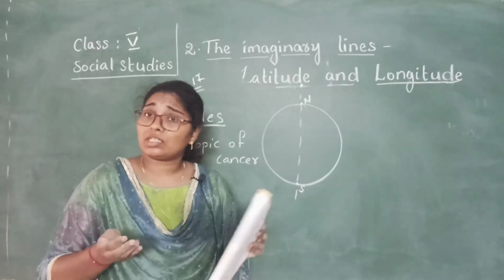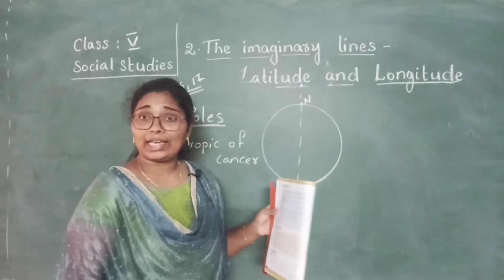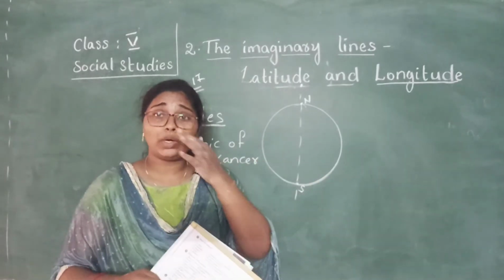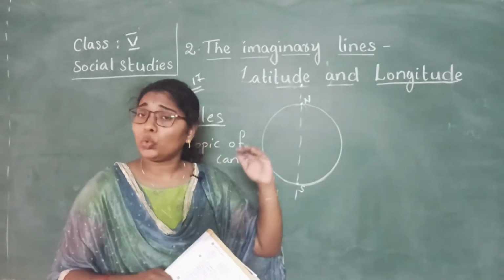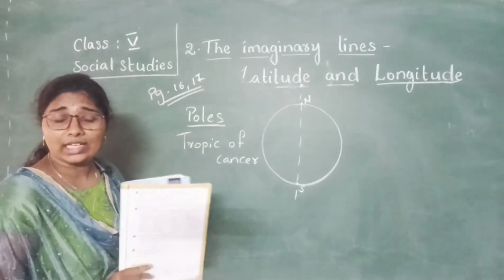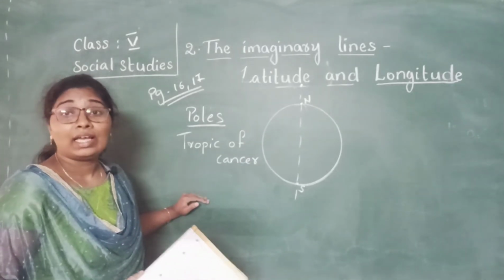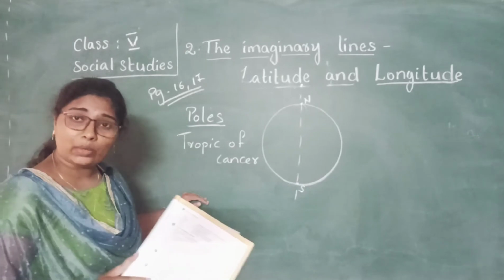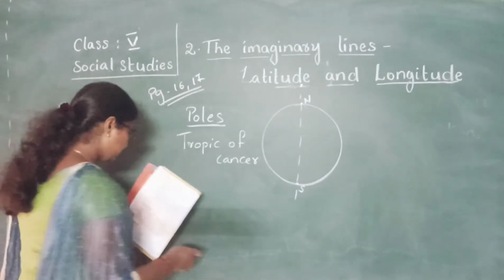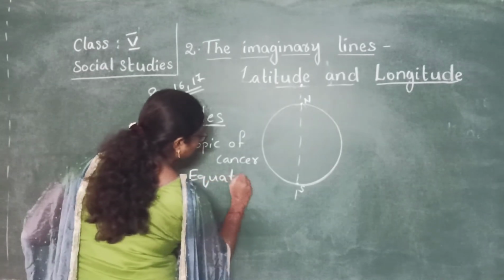We have discussed that as we move from the middle towards the poles, the length decreases. So the middle one is the longest latitude, that is the equator. We call this equator the Great Circle. Equator.